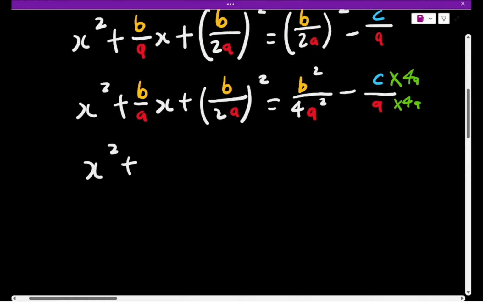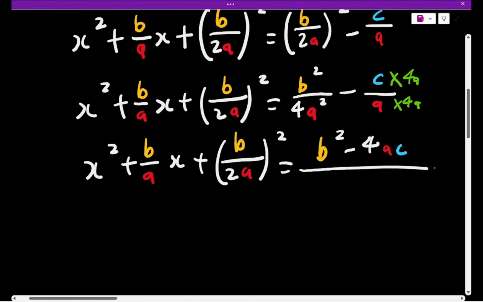So we get x squared plus b over a times x plus b over 2a squared is equal to b squared minus 4c times 4a, so that's going to be minus 4ac, all over 4a squared.